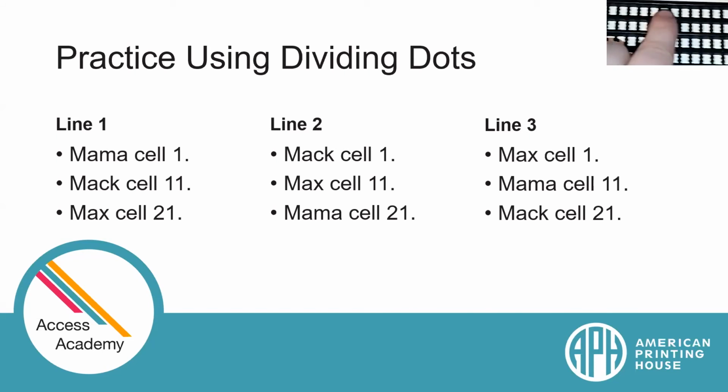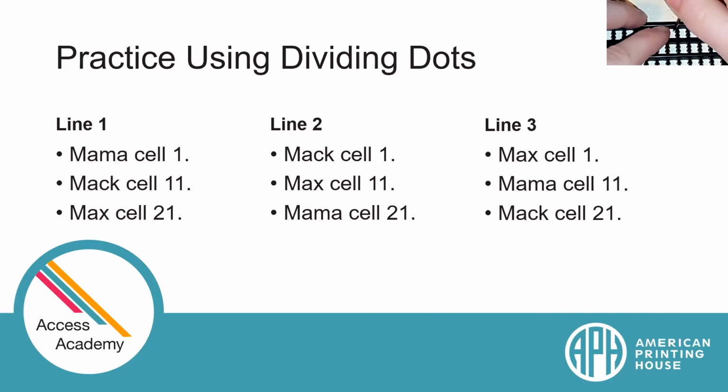So cell 1 is easy. So in cell 1, in line 1, we're going to write the word mama. Don't forget that capital. You now know it. Mama, M-A-M-A. Now that was cell 1 in line 1.